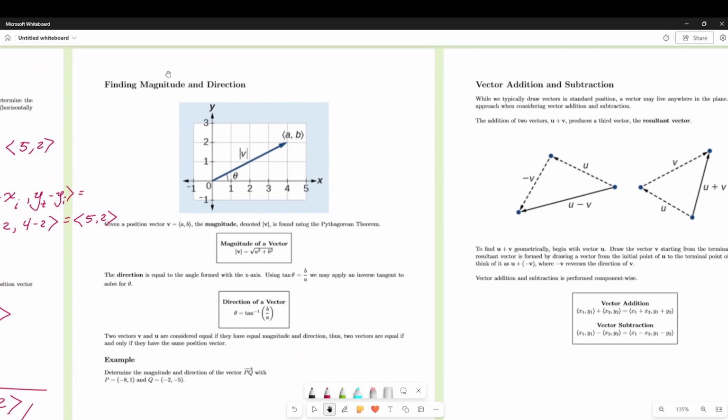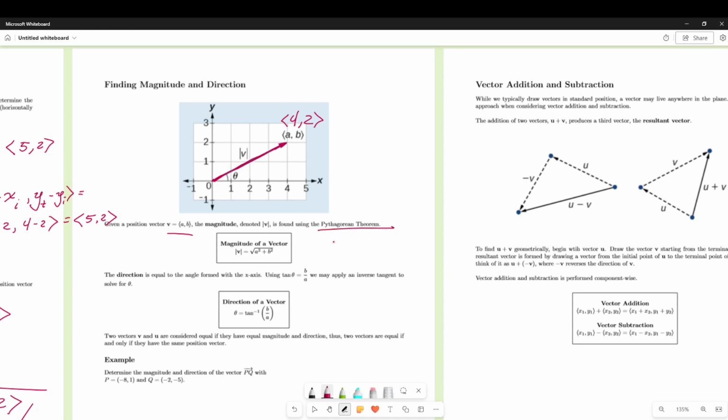So, if we want to compute the magnitude and direction of a vector, given a vector, the nice thing is we already have the tools for that, though I'm going to be a little grumpy about how this is expressed. So, given a position vector, and again this is the vector 4, 2, if we want to figure out how long this is, because that length is the magnitude of our vector, well, we already have a tool for that, and that tool is the Pythagorean theorem.